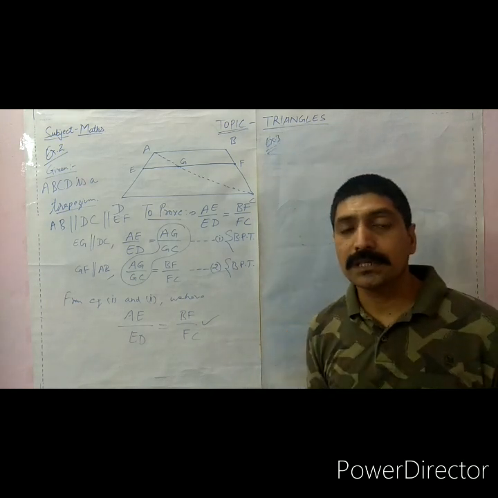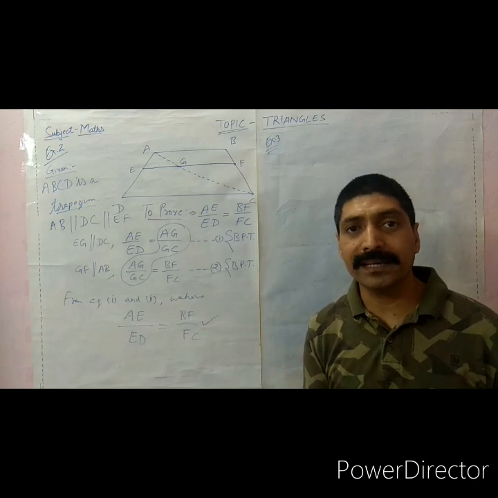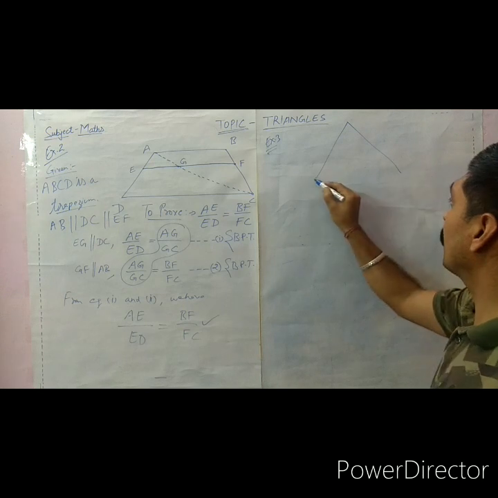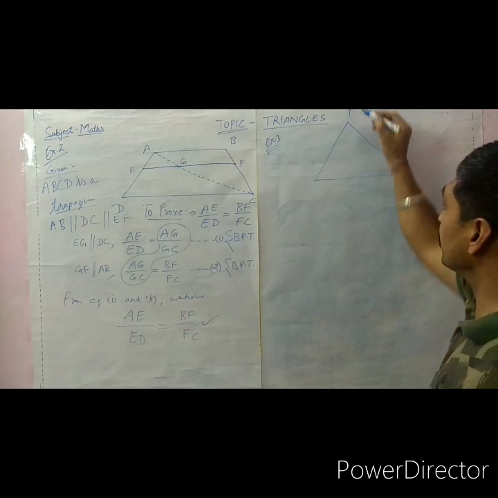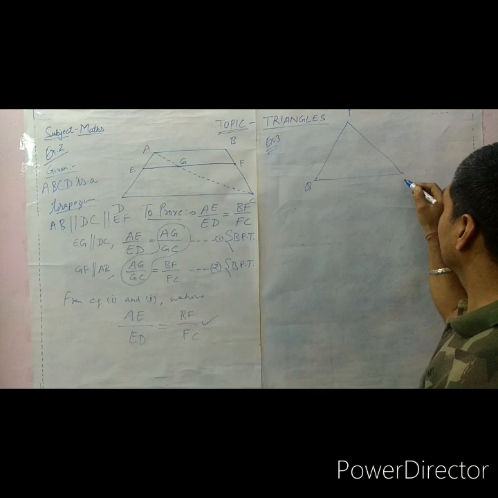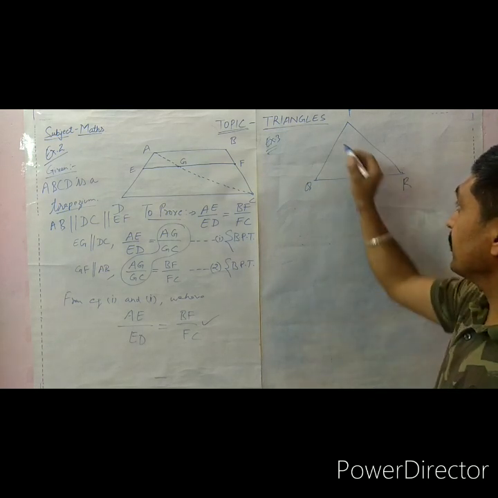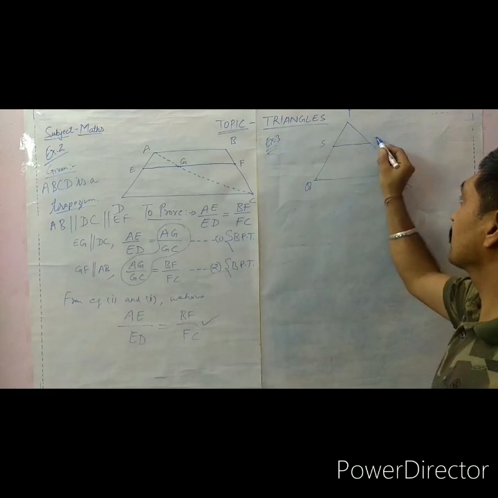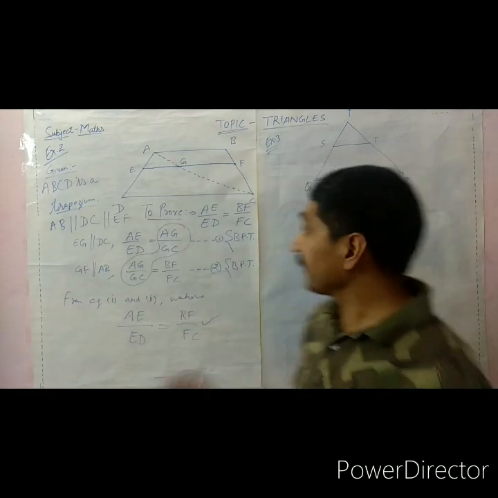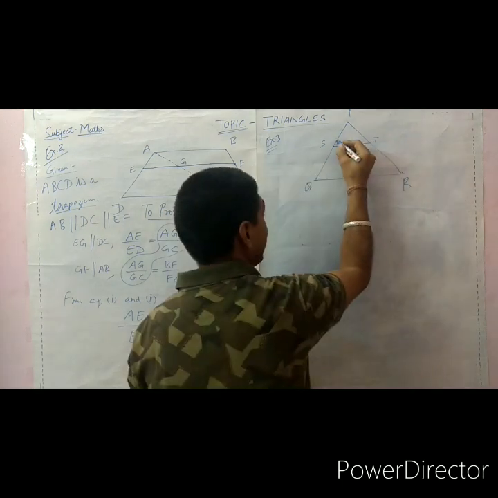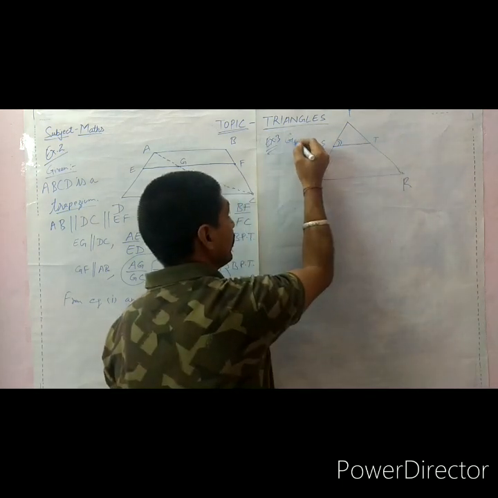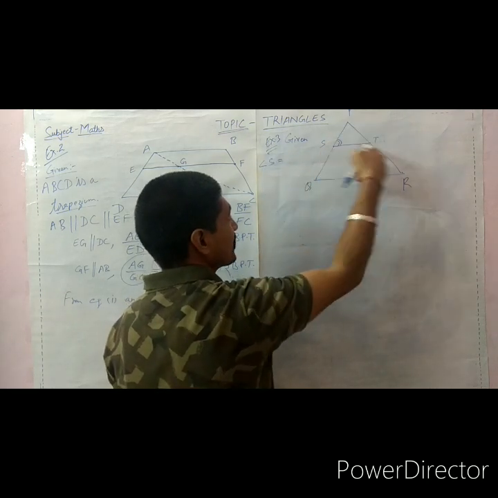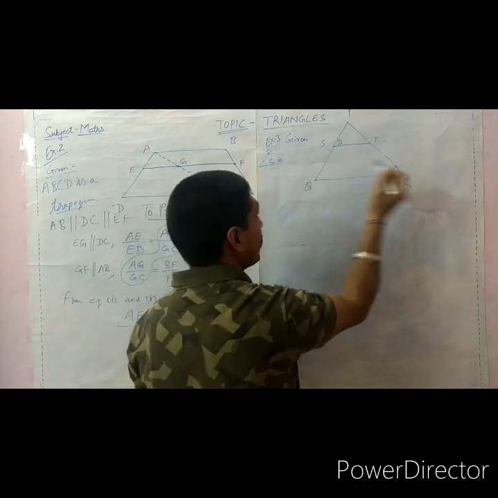Look at your books. In example number 3 we have a triangle PQR, and there is a line drawn ST in such a way that angle PST is equal to angle PRQ.